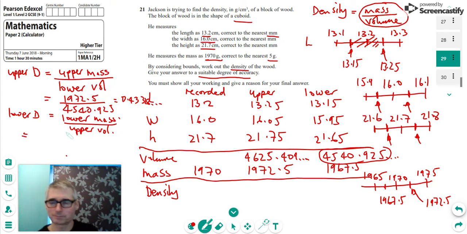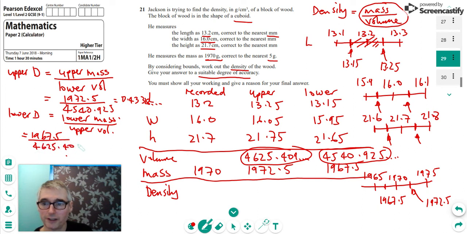So we take 1967.5 over the upper volume, which is 4625.409. And if we do that, we get 0.4253.